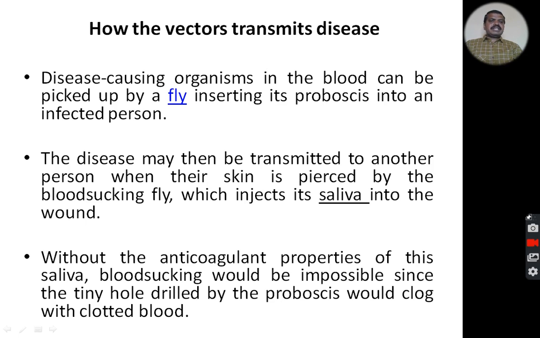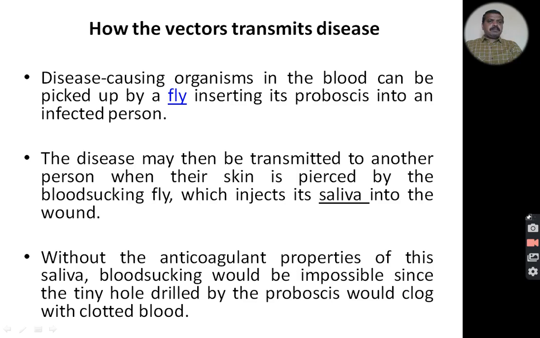Another important aspect of blood-sucking insects: once they pierce the host skin with their mouthparts, the stylet or proboscis, at the same time they pass saliva with an anticoagulant substance.